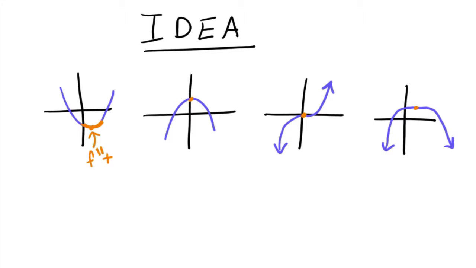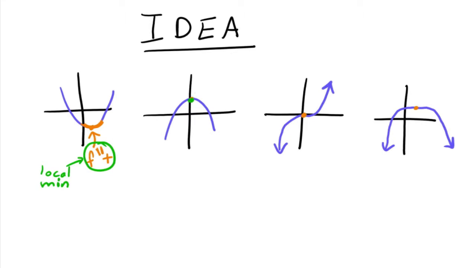And so anytime you have a critical point and the second derivative is positive at that point, no longer having to test around the point, simply at that point, then you're going to have a local minimum. So this would save you some time because you don't have to test around it, only at the point.